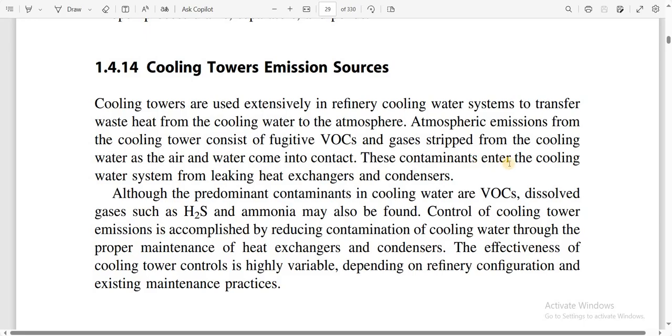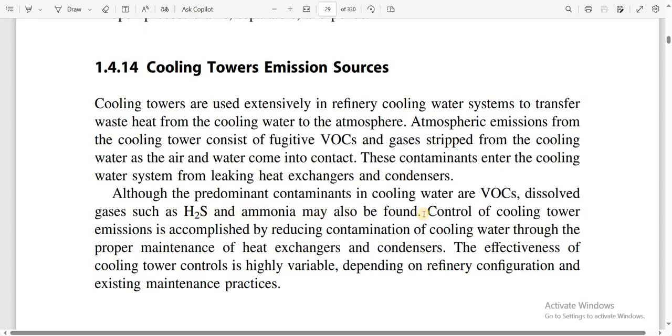This contamination enters the cooling water system from leaking heat exchangers and condensers.